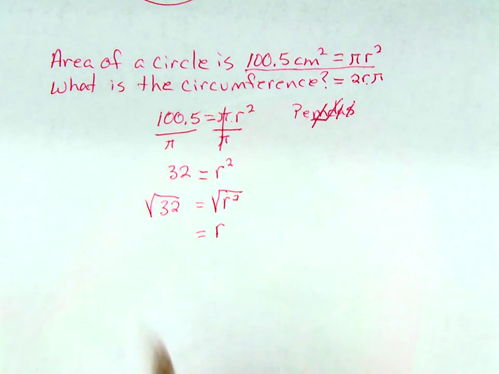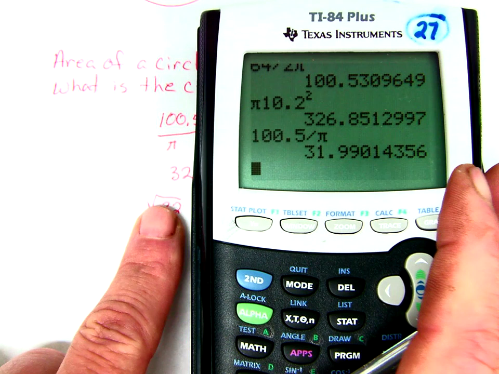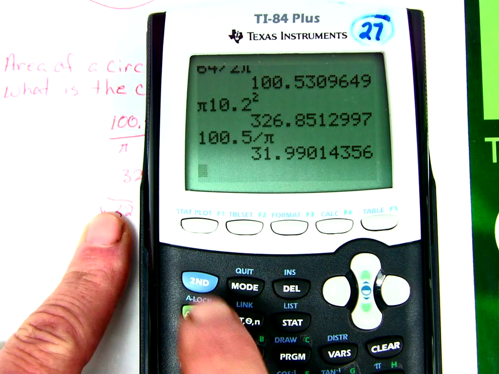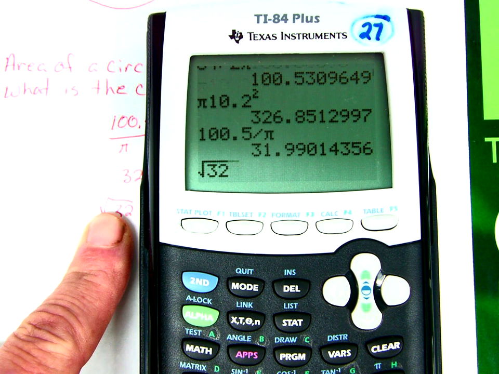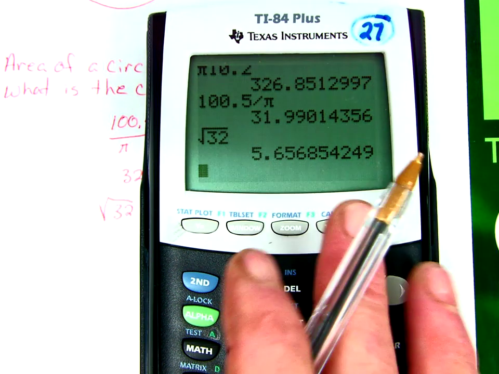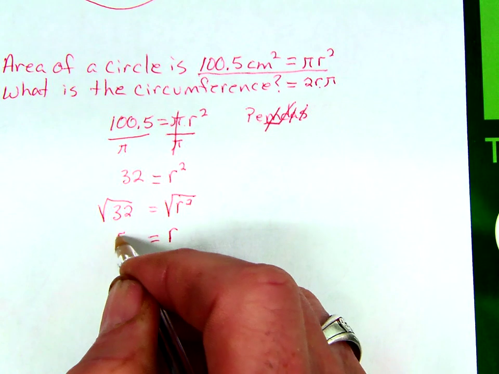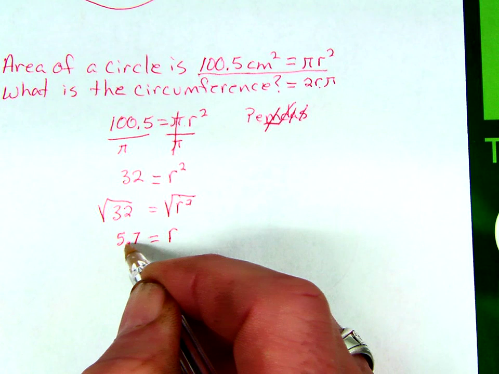So r equals, now in the calculator, the other side, square root of 32. Enter. 5.7. So r equals 5.7.